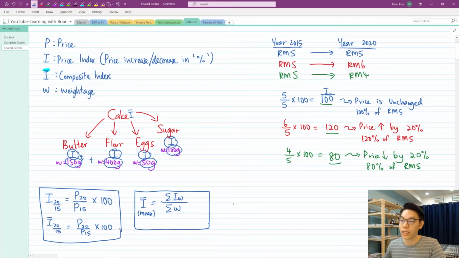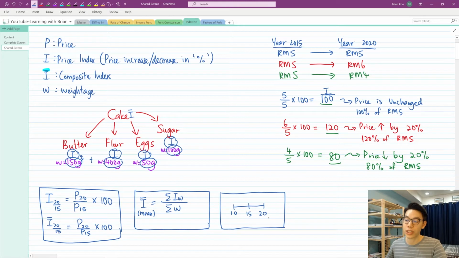Then the third formula is when you have 3 years involved. What do I mean by that? Let's say you have year 2010, year 2015, and year 2020 involved in this question. And they tell you, or you already know, that the index for this one is called X. The index for this one is called Y, from year 2015 to year 2020.